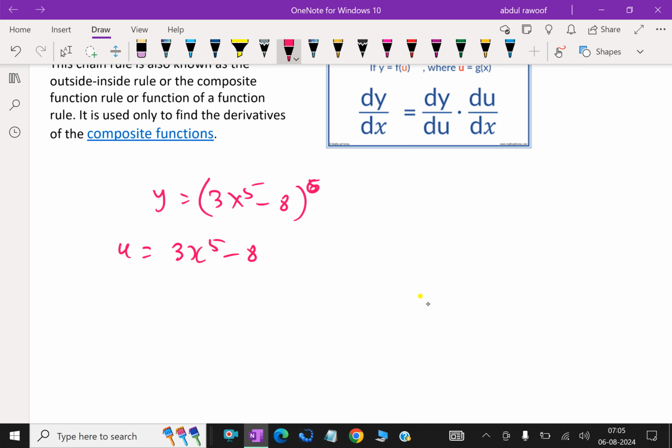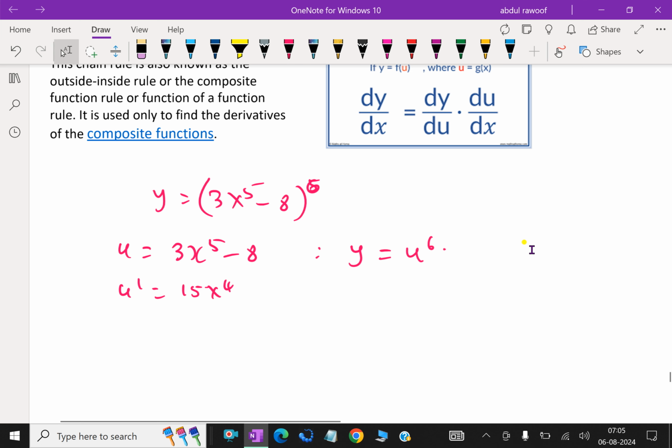Then the outer function y equal u power 6, because we let the inside bracket be u. From here we can find u dash. What is u dash here? 5 into 3 is 15x power 4, minus 8, differentiation is 0.